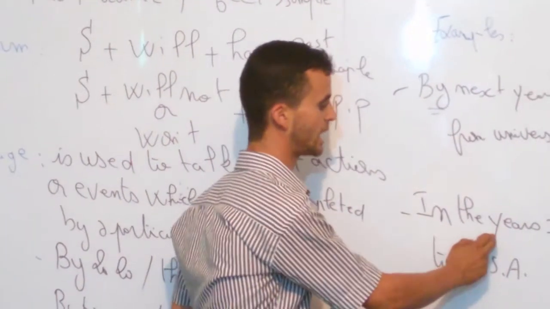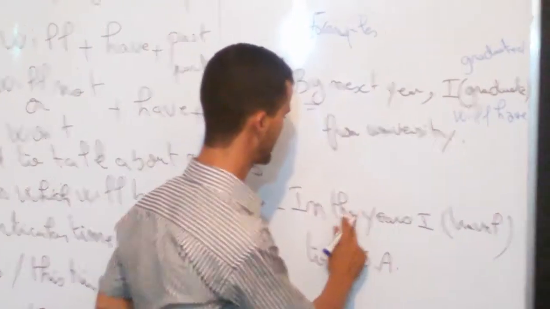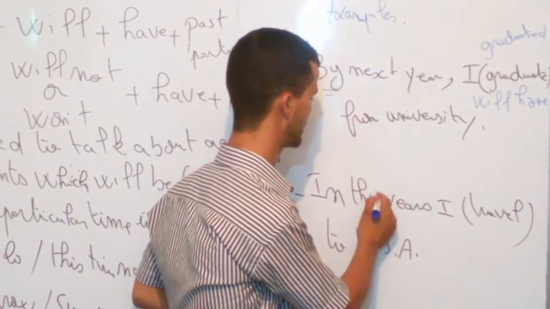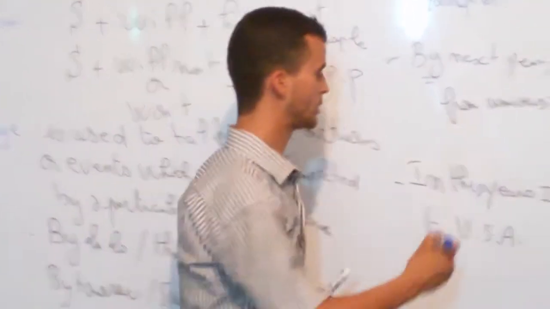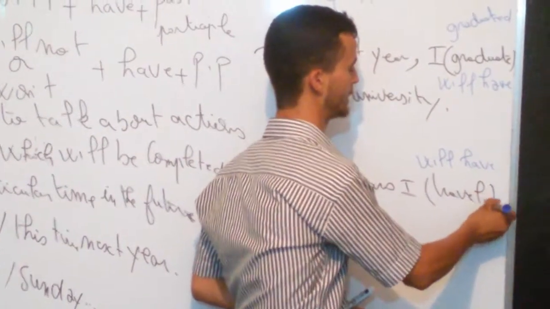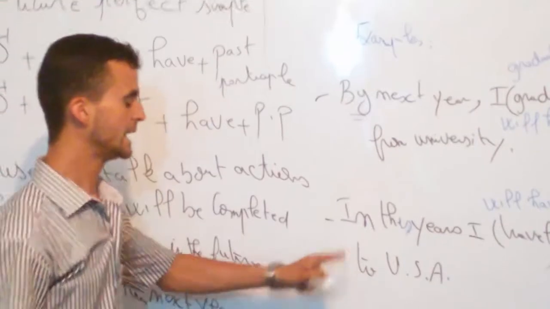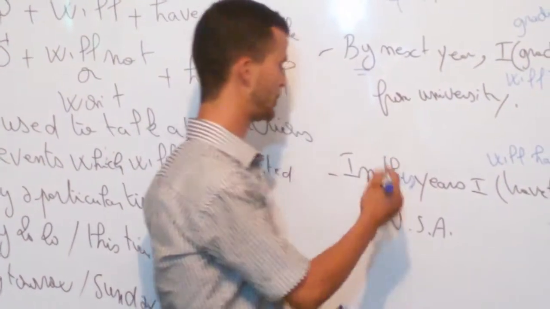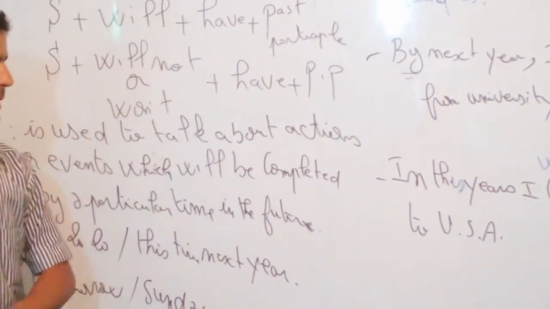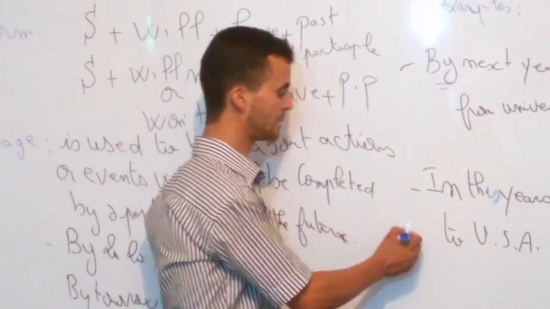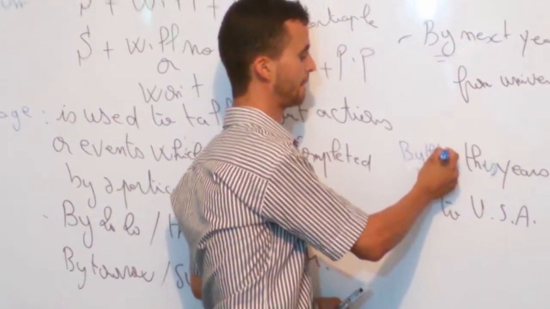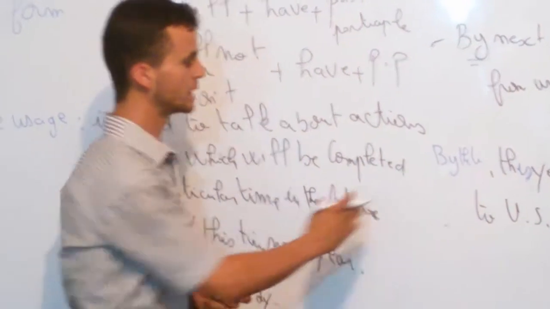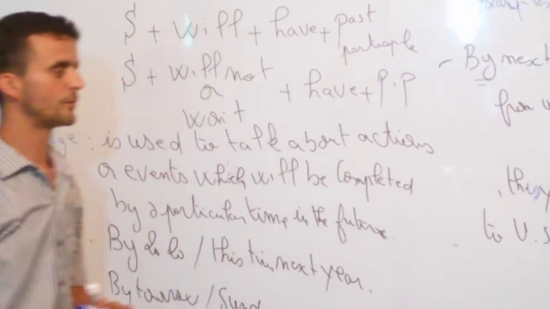So in this year, I will have traveled. Again, travel is a regular verb. We can say by this year, or by the time of this year, so we can use the future perfect simple.